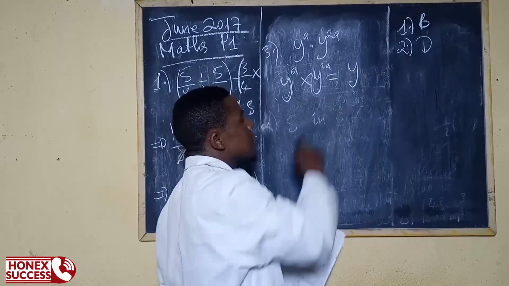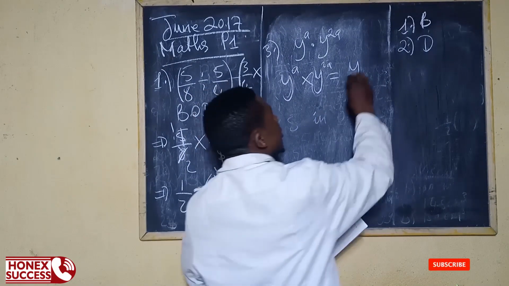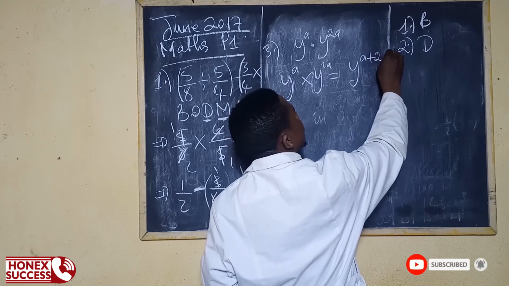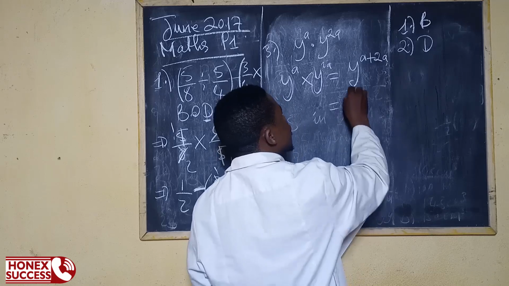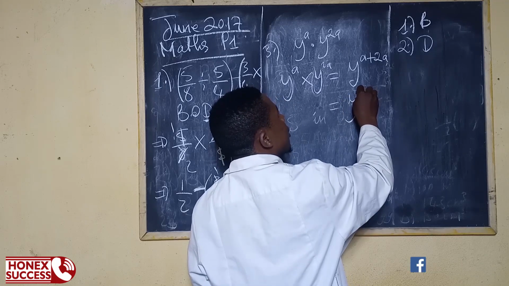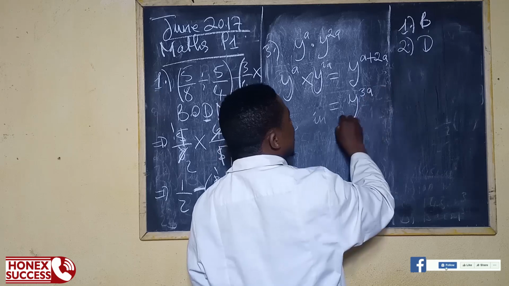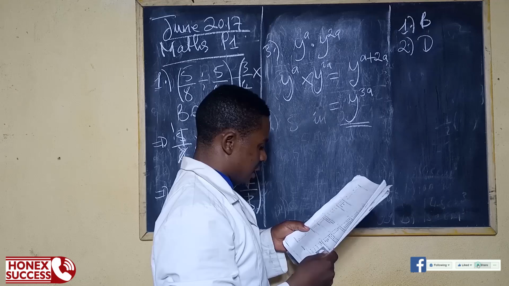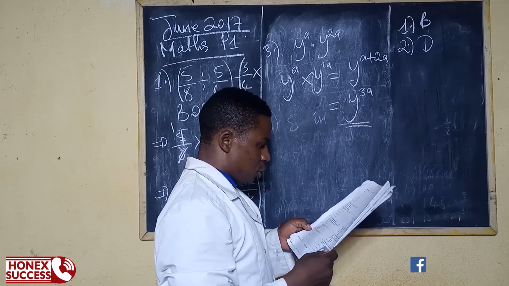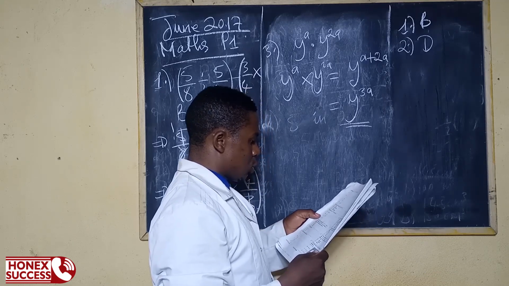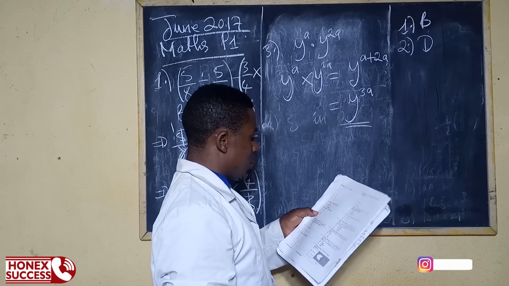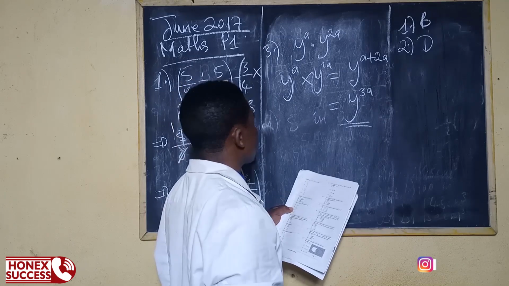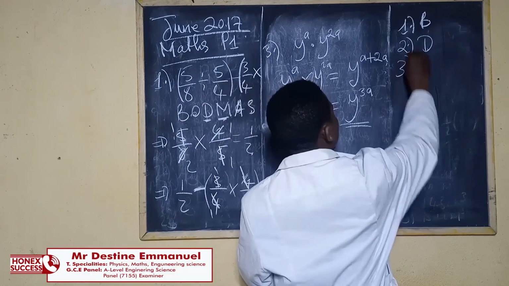So we have a plus 2a, which gives y to the power 3a. That's the solution. If you check the options that are given, it corresponds to B. That's the second option. So we go to our answer sheet, number 3. It gives us the right answer, which is B.